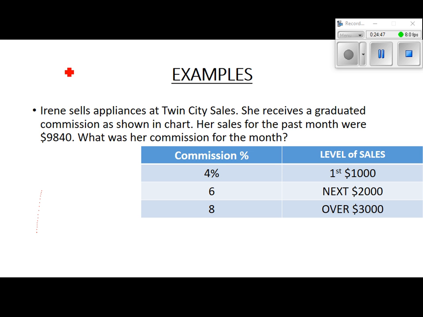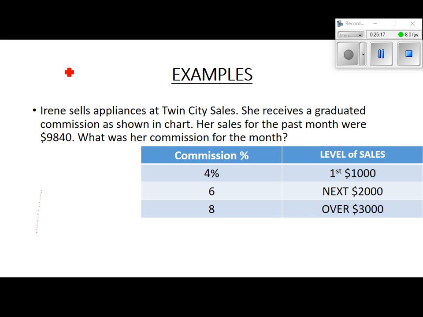So when you get a graduated commission, this says the first $1,000 that she sells, she makes what percentage? 4%. The next $2,000 she makes 6%. Anything over $3,000, she makes 8%. 8% is a whole lot better than just giving her that straight 4%, because now she's making double the percentage.